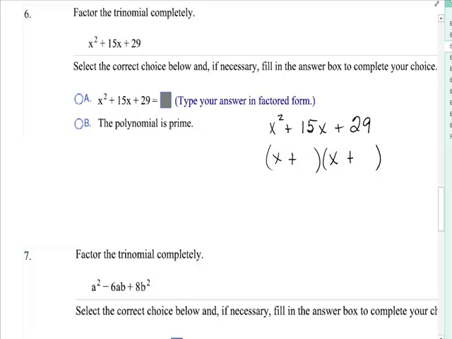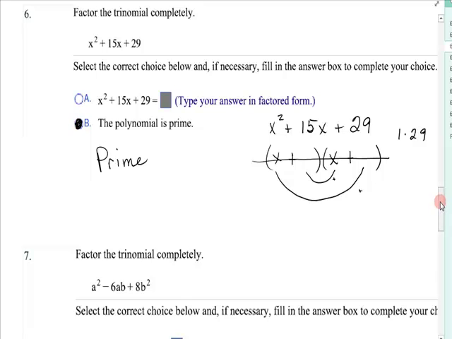All right, I need factors of 29. Well, my only choice is 1 times 29. The outer plus the inner, and they're both positive, have to add up to be 15. Do 1 and 29 add up to be 15? No. Do I have any other choices? No. That means that this one is a prime polynomial and cannot be factored.